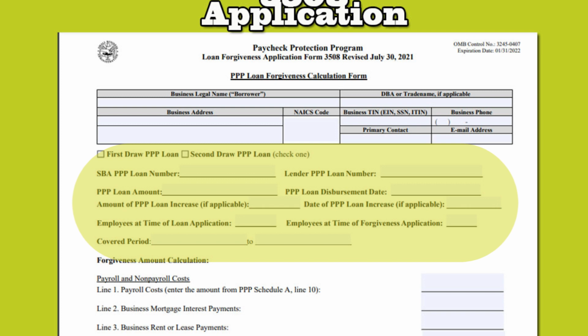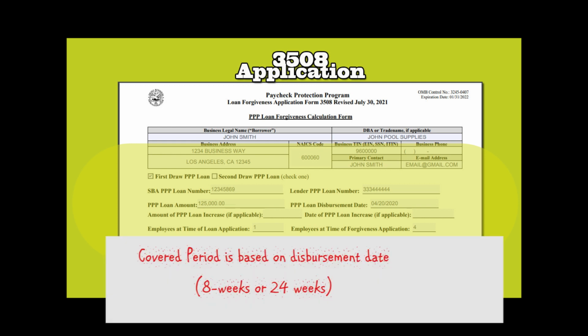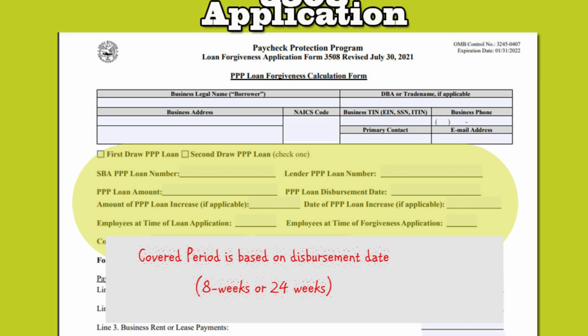Now we're coming down to the covered period. Like I explained to you, this is extremely important. That covered period, believe it or not, is selected by the borrower. You have an 8-week or a 24-week covered period. I'm sorry, I said loan period. Covered period. You have an 8-week covered period or a 24-week covered period. How that works is from the date of your disbursement.